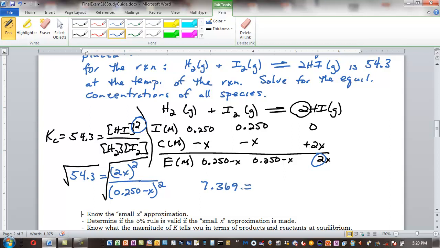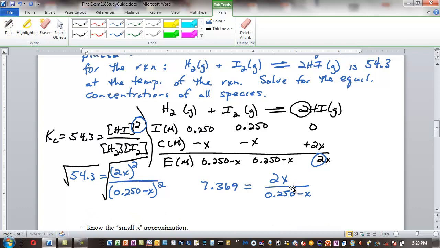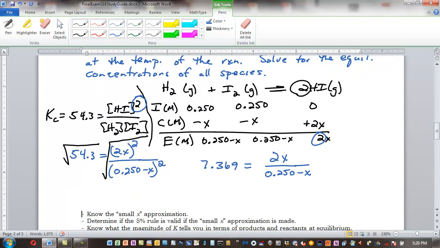The square root of 2x squared is just going to be 2x, and the square root of 0.25 minus x squared will just be 0.25 minus x. Everybody okay with that?